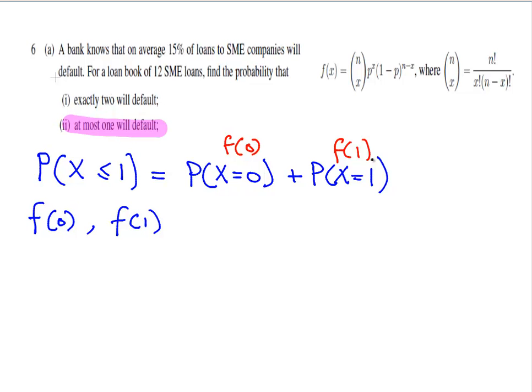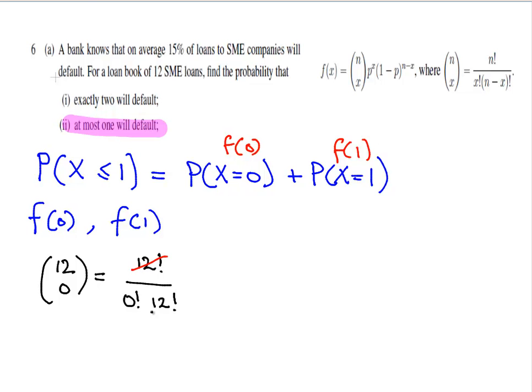So f of 0, what we have to do is find out the n choose 0 first off. I'm going to change color here to black. So 12 choose 0 is 12 factorial over 0 factorial divided by, what's n minus x? 12 minus 0 is 12 factorial.